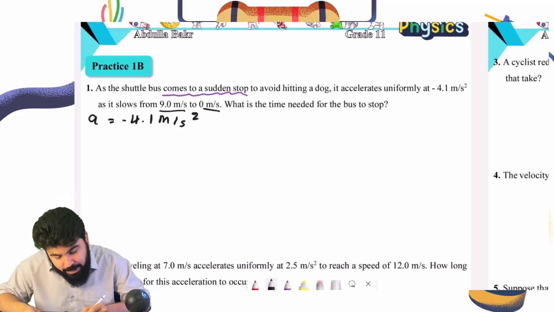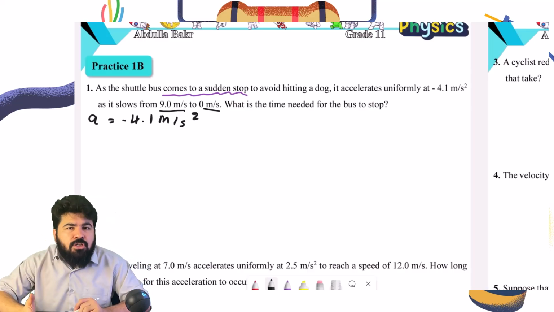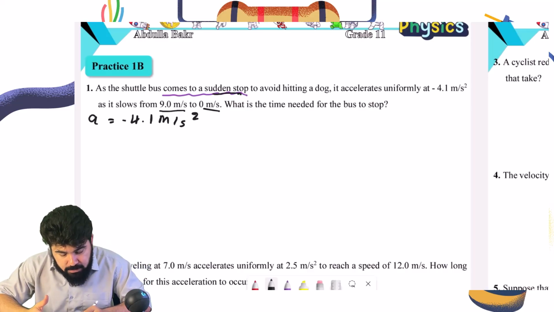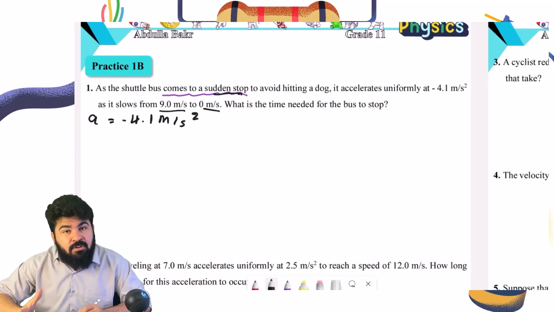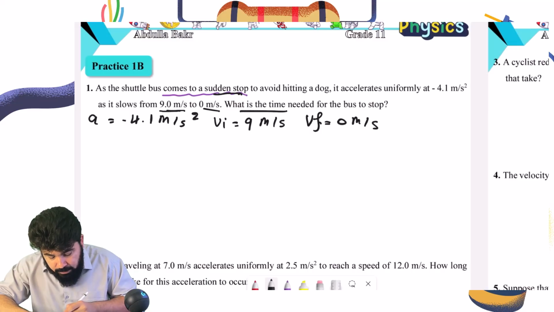The first is v initial and the second is v final. We learned if an object comes to a rest, v final is 0. So v initial is equal to 9 meter per second, and v final is equal to 0 meter per second. What is the time needed for the bus to stop?